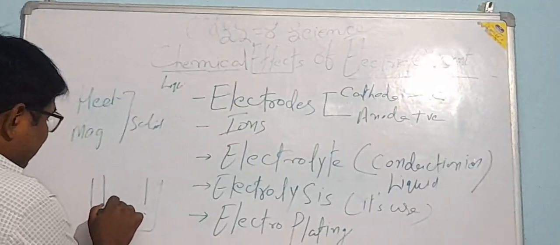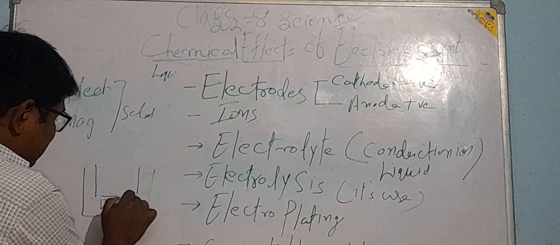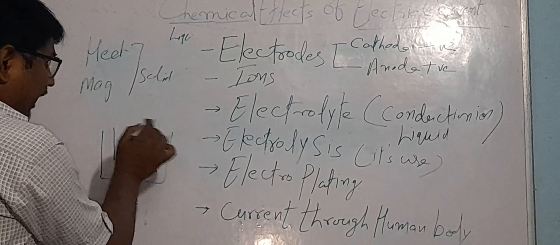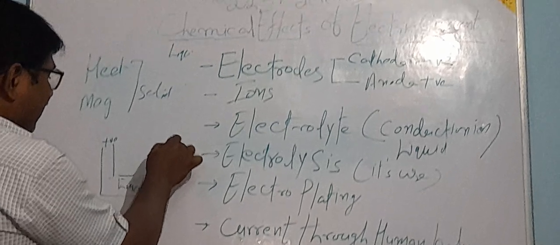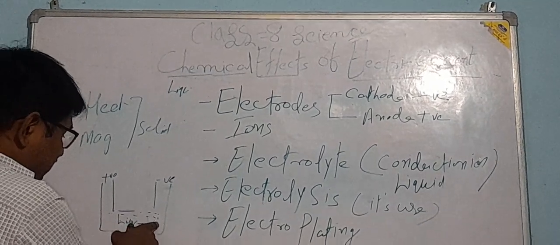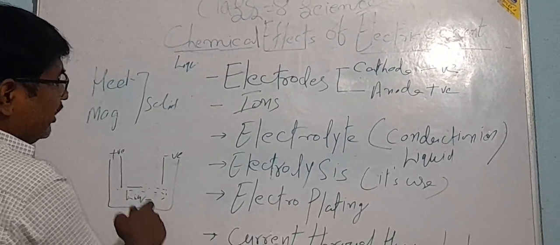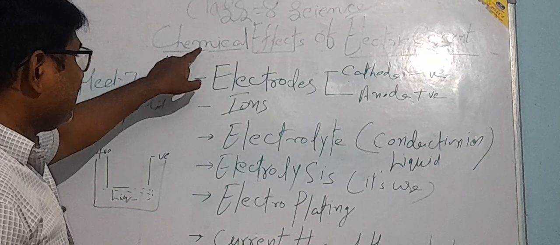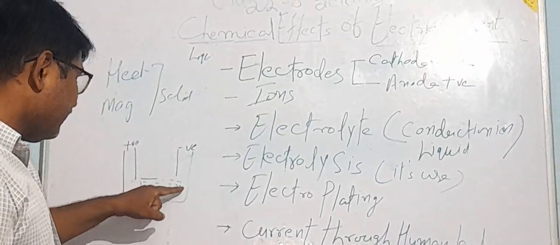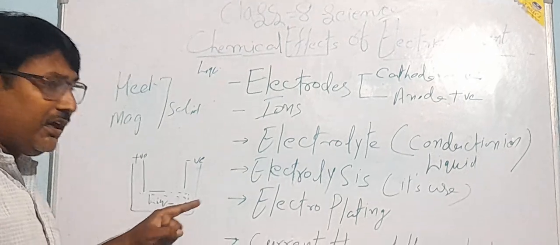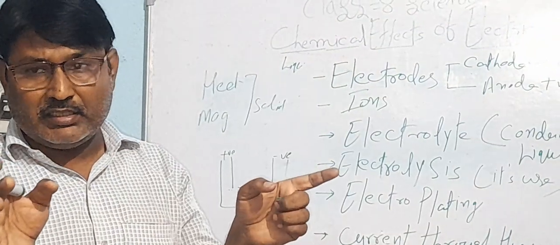And when the current passes through this liquid, as you know, current moves from positive to negative terminal, right? So due to this liquid, it is called chemical effect of the current, right?